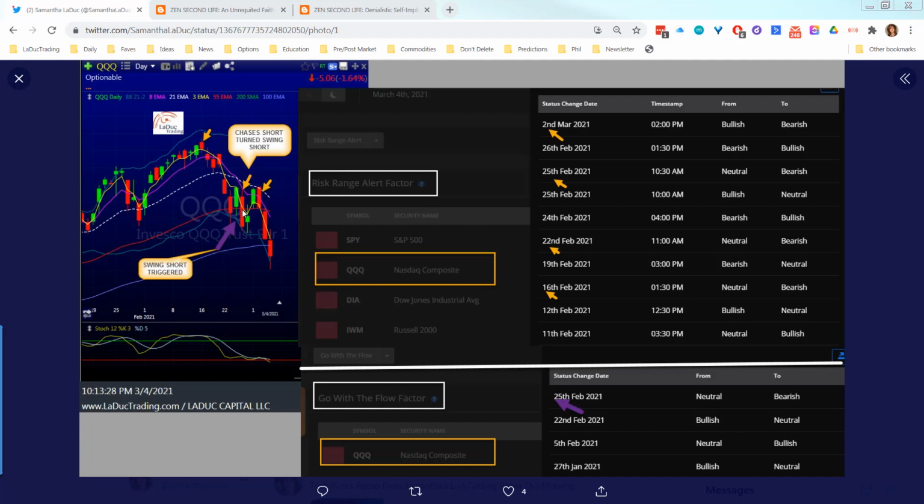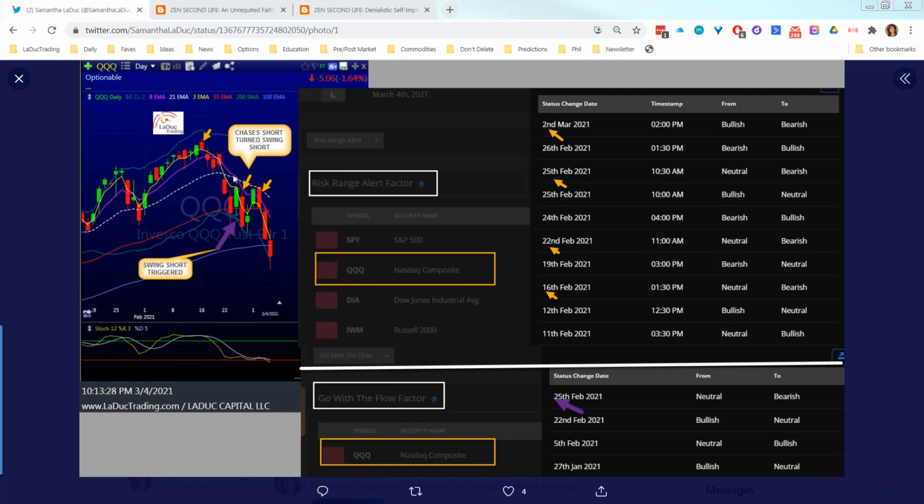So this is now going to be used, hopefully, for those who have positions as a warning. Oh boy, okay, I can see we've already pulled back, and now the swing short alert of go with the flow is telling me to be careful. That's what this is for.